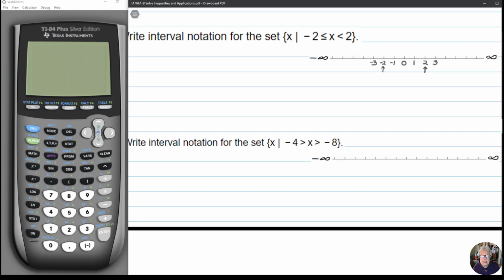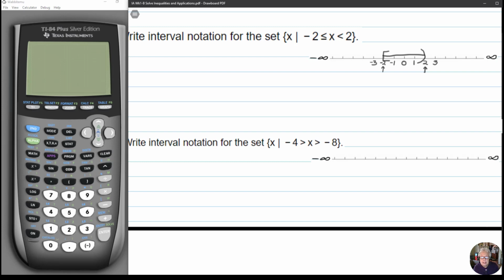Now the fact that x is allowed to equal -2 means I put a bracket. On the other hand, x is not allowed to equal +2. And x can be all these numbers in between, including -2, but not including +2.